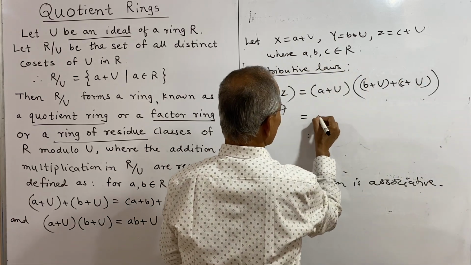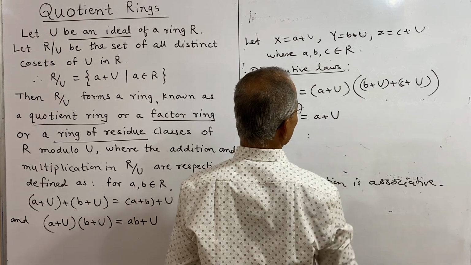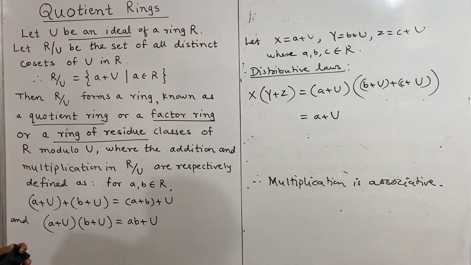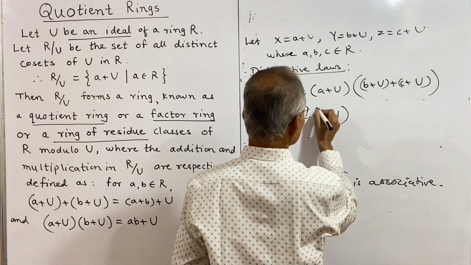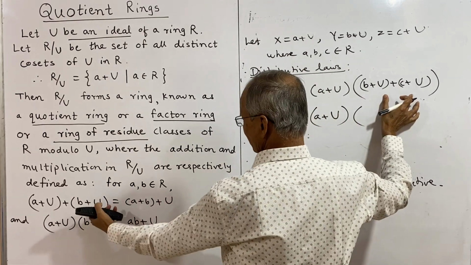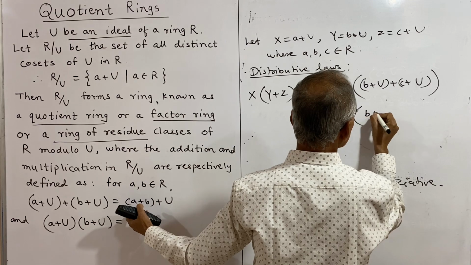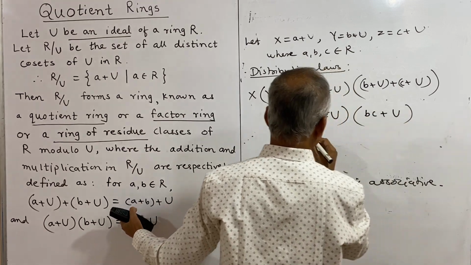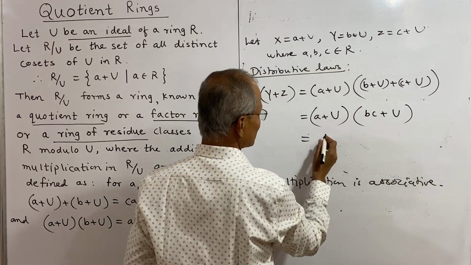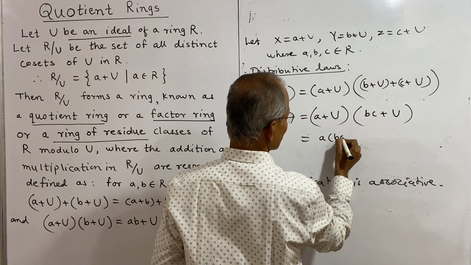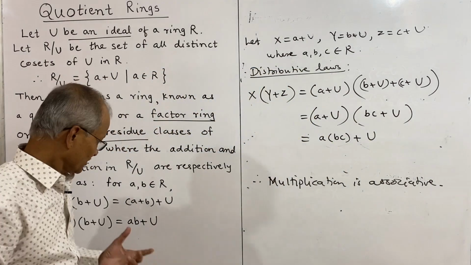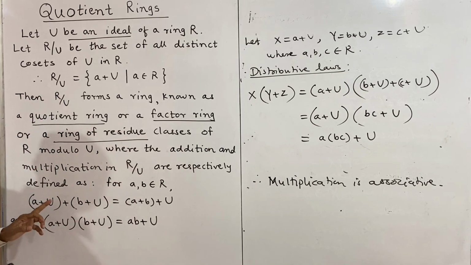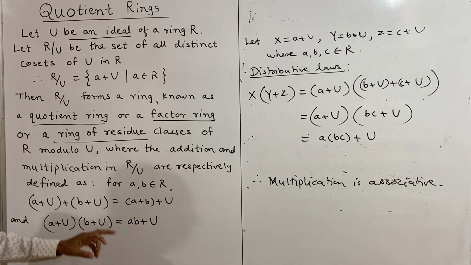and this is again a + U, and (b + U) + (c + U) can be written, by the definition of addition, as (bc + U), and by the definition of product, this will be a(bc) + U. So we are only using the definition of addition and multiplication in R/U.